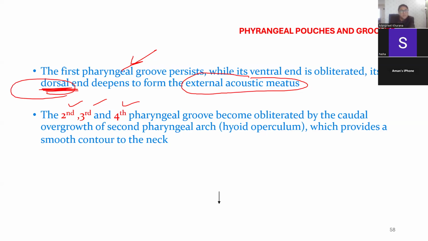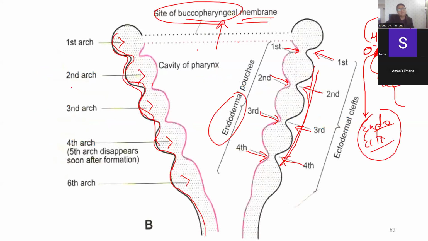So if I ask you a question that the external acoustic meatus is developed from which structure? It is developed from the dorsal end of the first pharyngeal cleft or the first pharyngeal groove. Now you know from where the external acoustic meatus develops, right?